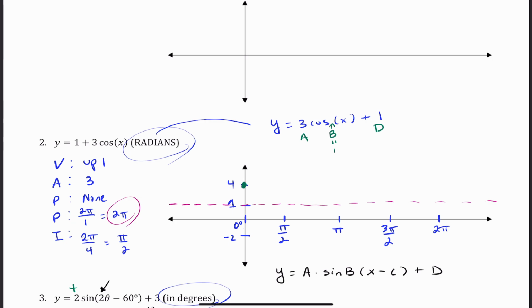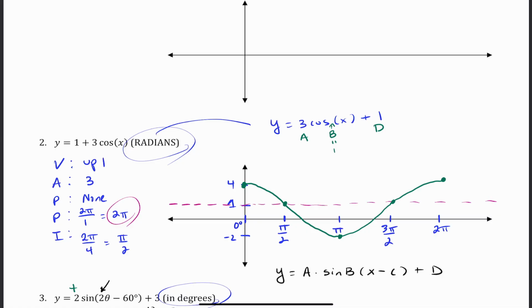And then at pi over 2, it's going to be on the middle. At pi, it's going to be our lowest point, which is negative 2. Then we're going to go back to the middle, and then to the highest point. All right? So here, this is what the graph should look like.